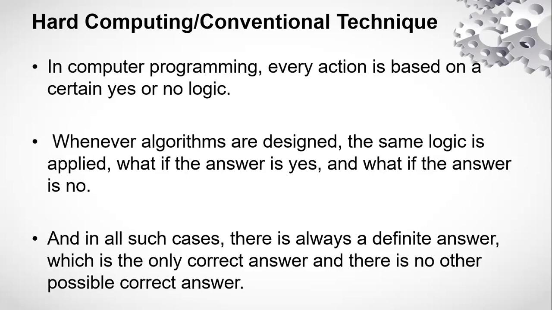Else, if the input is 24, then the condition says that it is having less than 40% marks. Hence, the student is failing in the exam. So I get a specific answer with the specific exact input. So this particular type of computation is called hard computing, which is used in conventional techniques and is being used today also.